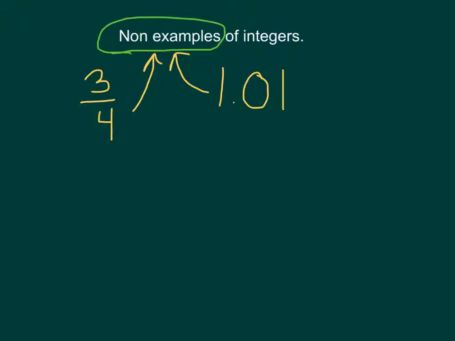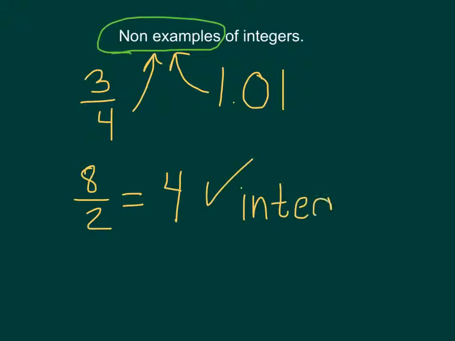Any fraction or any decimal. And remember, if a fraction simplifies to a whole number, like 8 over 2, which simplifies to 4, then that is an integer. So even if it's written as 8 over 2 on homework, a quiz or a test, you know that it simplifies to 4, and that is an integer.